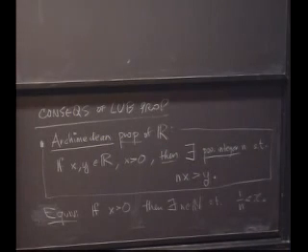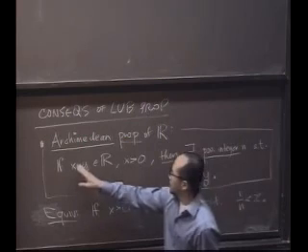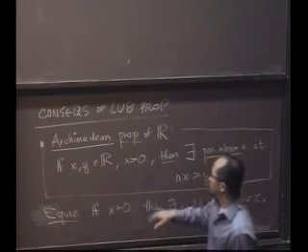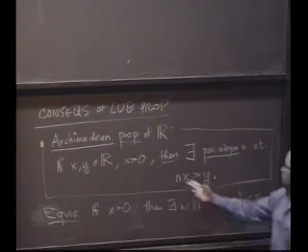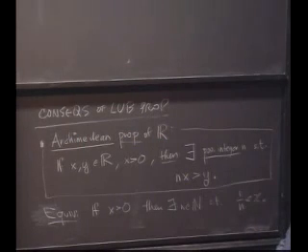Yes, Emil? Do the rationals have the Archimedean property? Let's see. Let's just check. If you have two rationals, one of them is bigger than 0, then there's a positive integer whose multiple is eventually bigger than that other one.